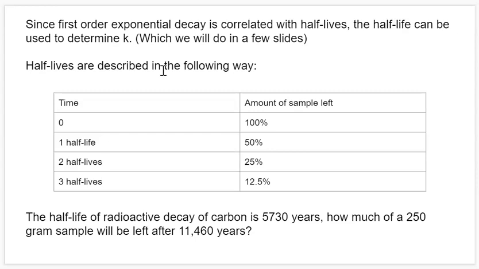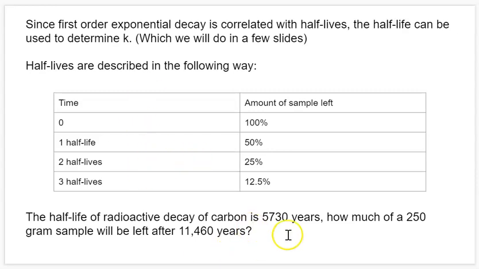So for example, radioactive decay. This is the natural decay of nuclei. Over time, nuclei break apart due to the repulsion of protons in the center. They release a bunch of nuclear energy, and they fall apart into much smaller components. And for some elements, this is really long.